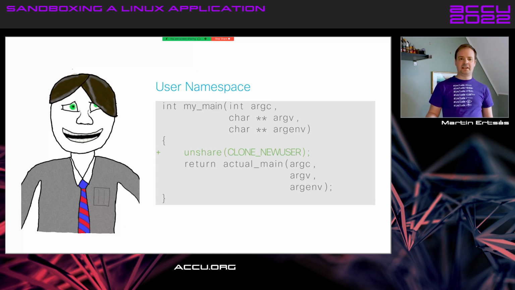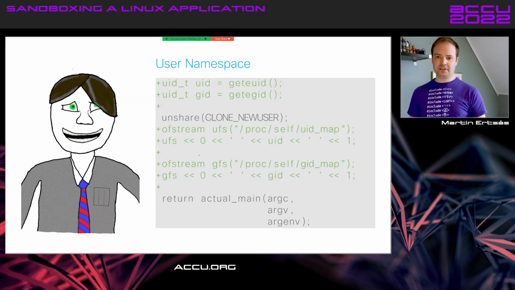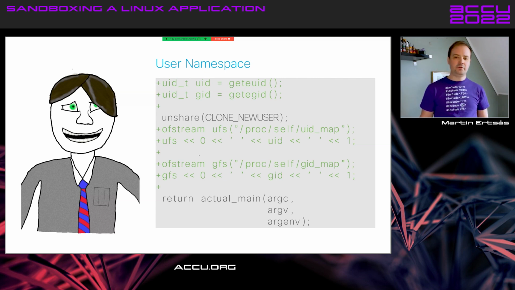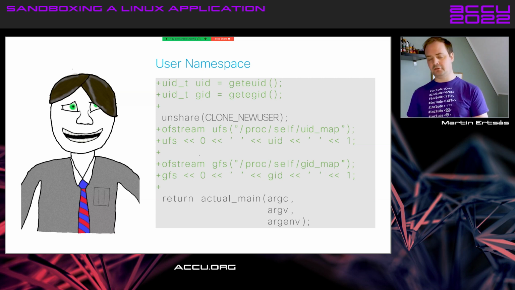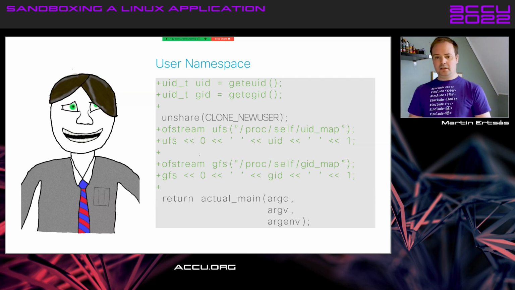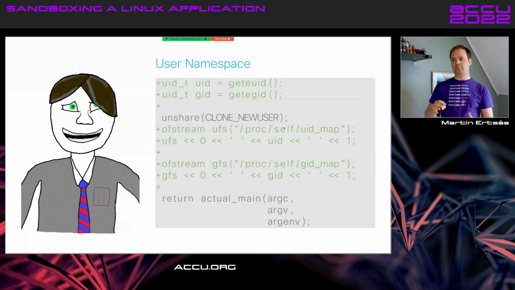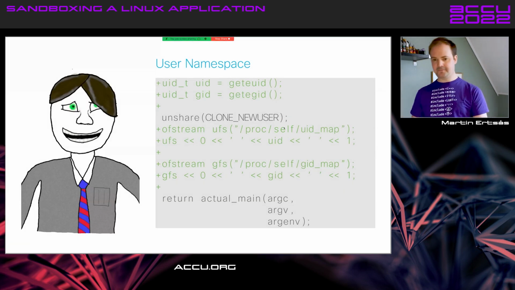So what we need to do is make this mapping. And the way to do that is that before you enter the namespace, you fetch the current user and group ID if you want to make the 0, 1001 mapping. Then you write to /proc/self/uid_map. Now /proc/self is a magic directory that is the proc directory for this process.